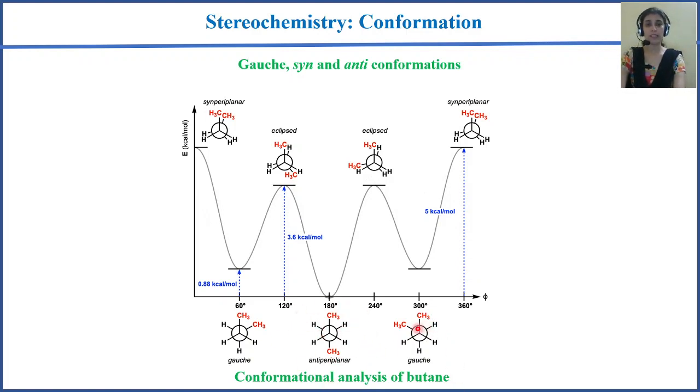Since these two methyl groups are in the gauche conformation, they are known as syn conformation. They are in the gauche conformation, and this is the syn periplanar conformation. You know that these two methyls are syn with one another. You will see this one as syn periplanar. Both of them are similar.